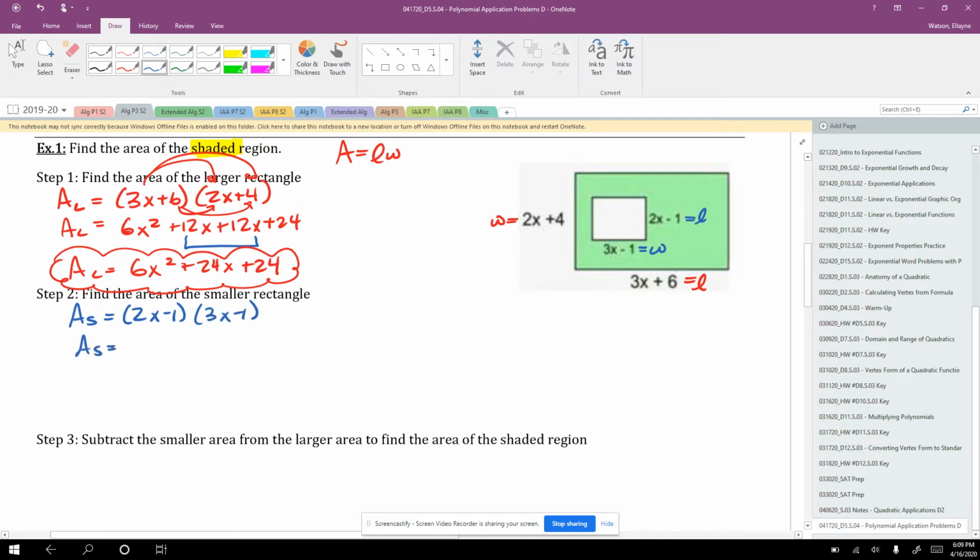I'm going to distribute the same way I did before. I'm going to get 6x squared minus 2x minus 3x plus 1. The middle terms are like terms, so I can combine them. Now I have the area of the small is 6x squared minus 5x plus 1.